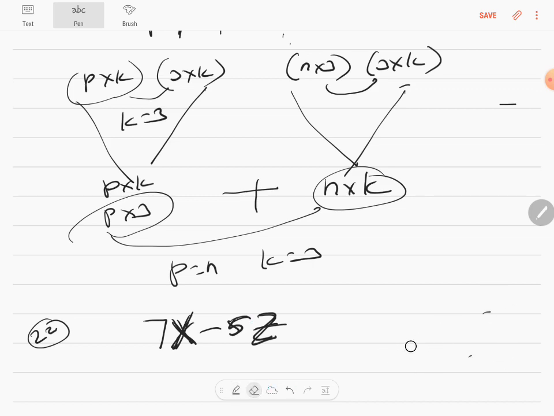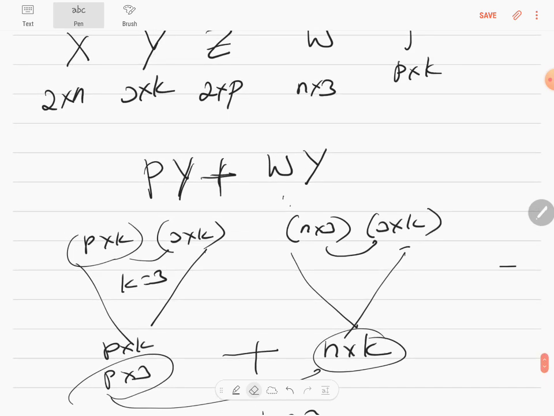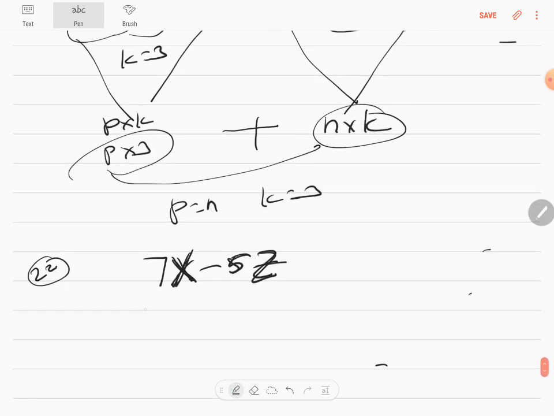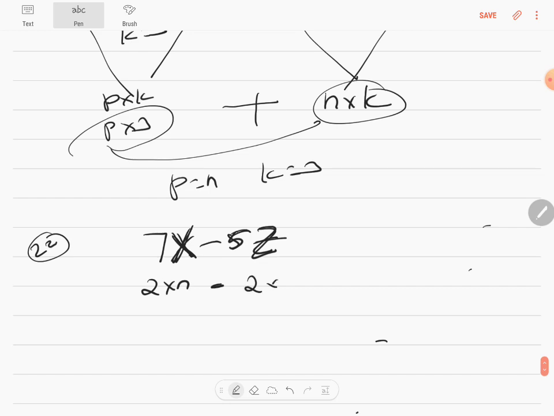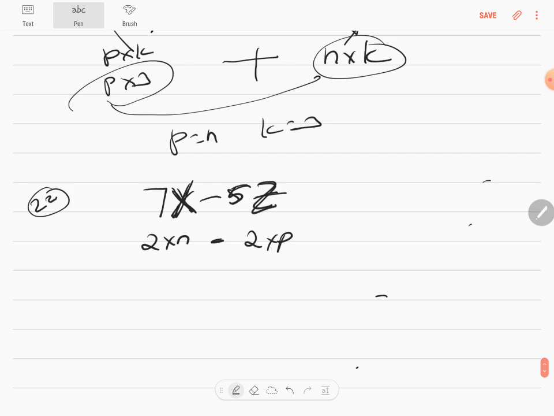That is not going to change the order of the matrix. So what is the order of X? It is 2 by n. Even if you multiply by 7, it will still stay 2 by n. And Z matrix is 2 by P. Multiplying a matrix by a scalar 5 is not going to change your order.